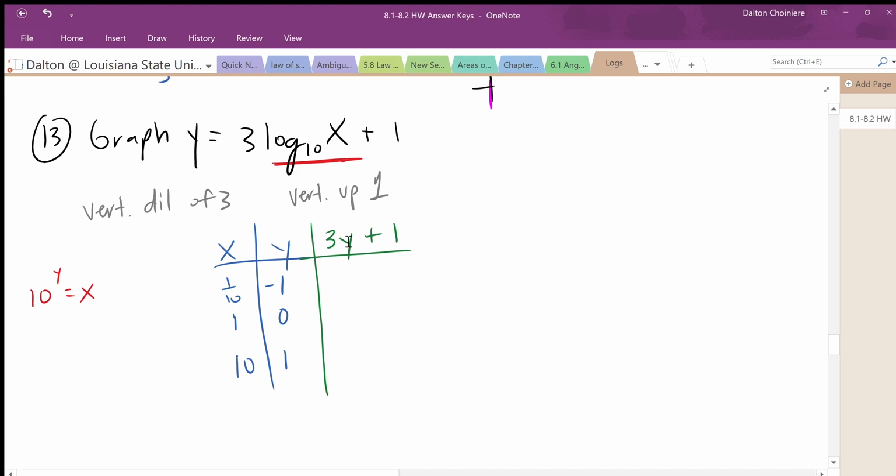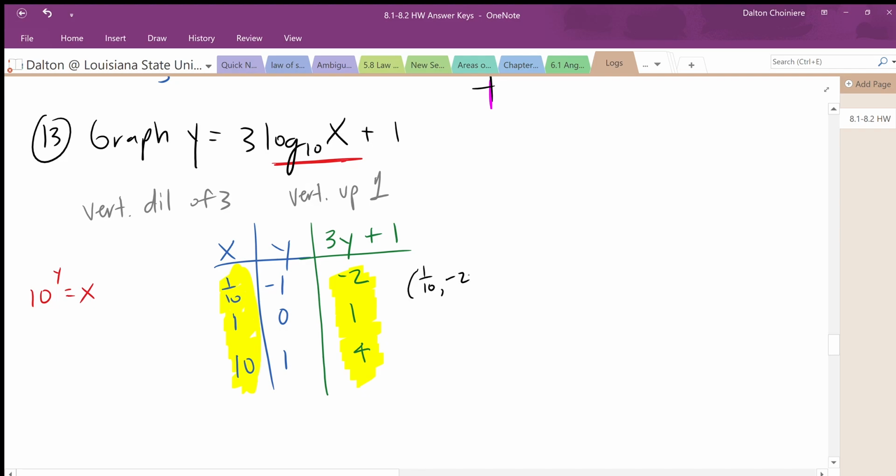If you plug in negative 1, 3 times negative 1 is negative 3 plus 1 is negative 2. 3 times 0 is 0 plus 1 is 1. And 3 times 1 is 3 plus 1 is 4. So what you've created now is you're going to use these x values and these y values to make the following ordered pairs to graph.